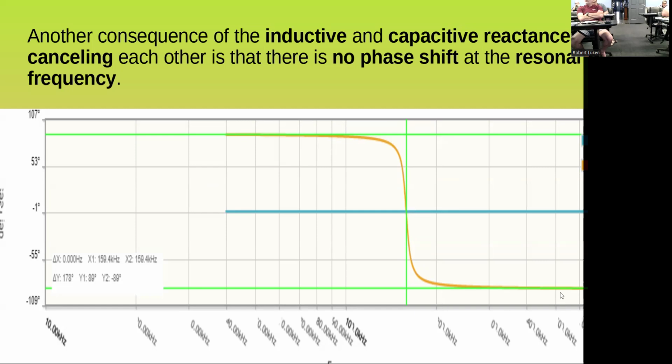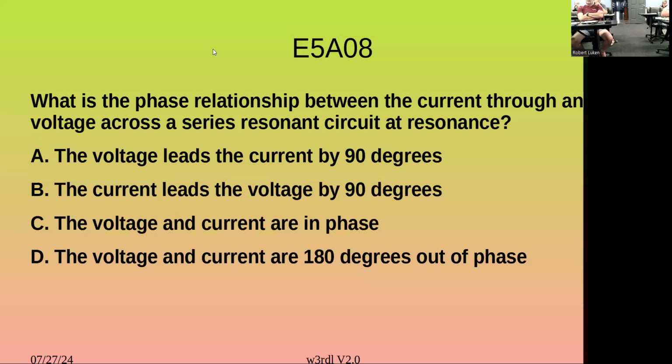And then you start going to a minus 90-degree phase shift. Okay, this thing's always in the way. What is the phase relationship between the current through and the voltage across a series resonant circuit at resonance?